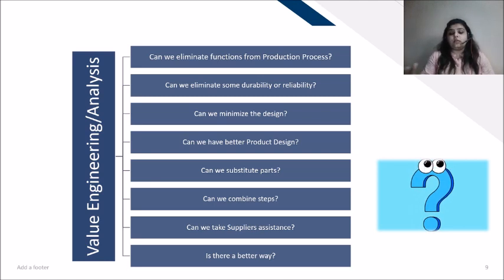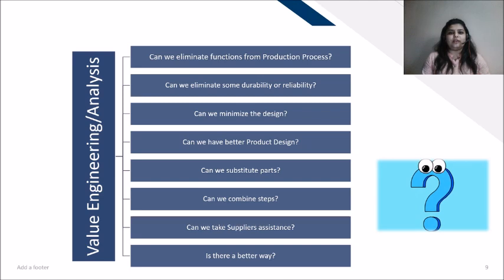Next, can we minimize the design? For example, the DVD drive which we removed. What we are doing? We are minimizing the design. Have you seen that movie Mission Mangal? Mission Mangal is all about your value engineering and value analysis. What are they actually trying to do? They are actually trying to fit in things in lower budgets, in lower space.